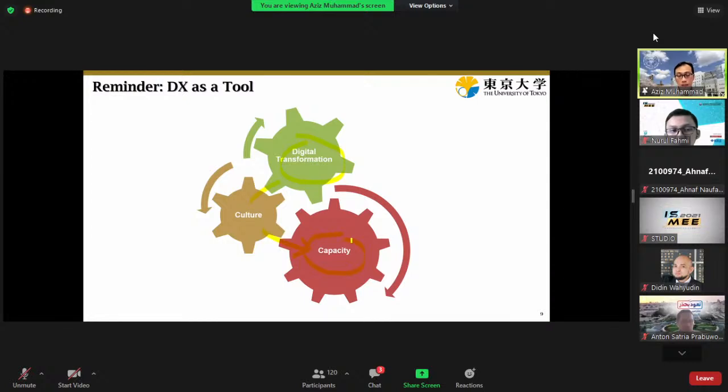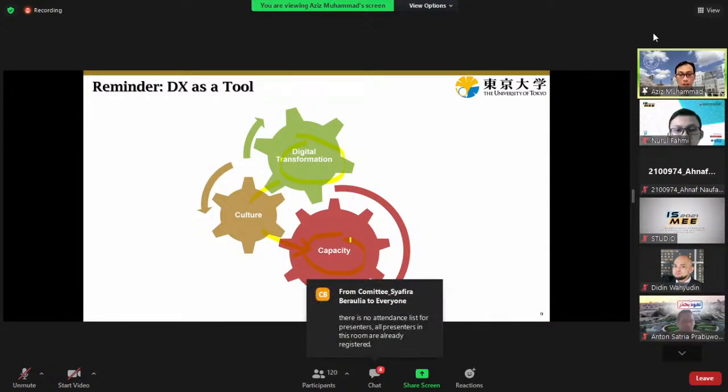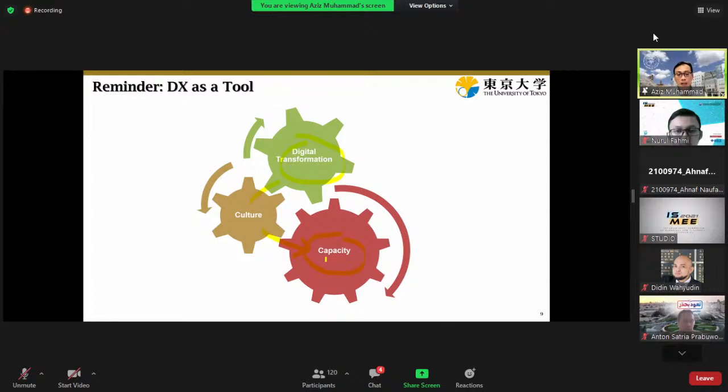This target is very important for all of us. The big target of development is correlated with capacity building for all of the society, all of the stakeholders inside the society, so that all society members can have the opportunity to have a better life.